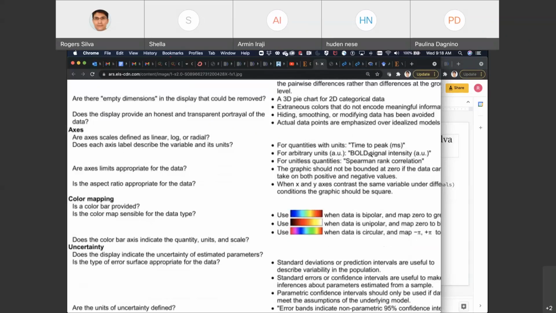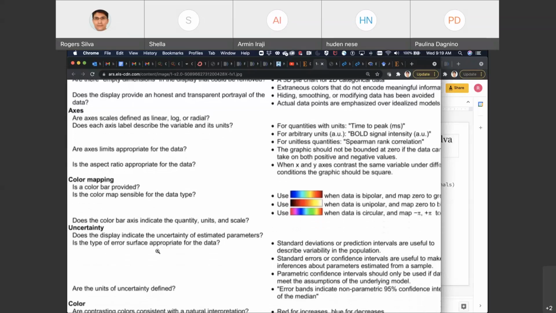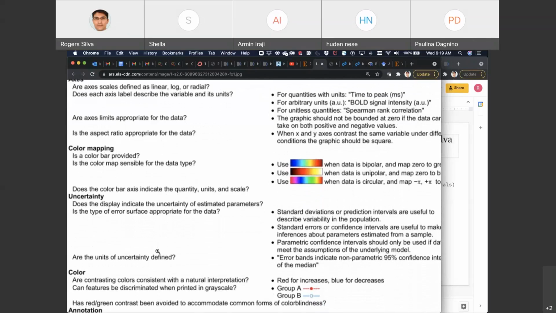So if you have units, you should specify them if they're well defined. If the units are not well defined, well, you could indicate that it's arbitrary units. And if the thing you're displaying simply does not have a unit by definition, like correlation, then you don't need to include it. So these are just basic recommendations, but useful in the evaluation of figures and graphs as reviewers and as authors ourselves.